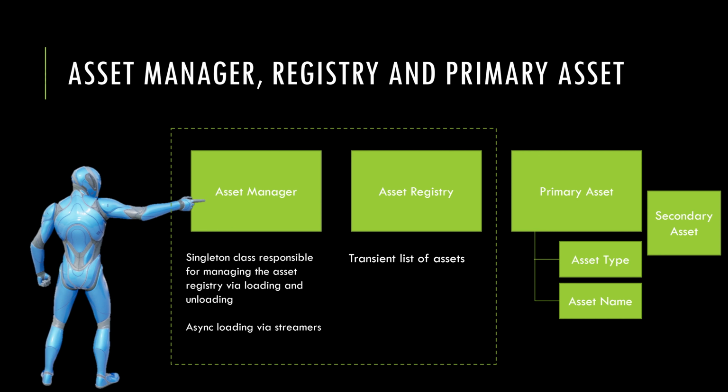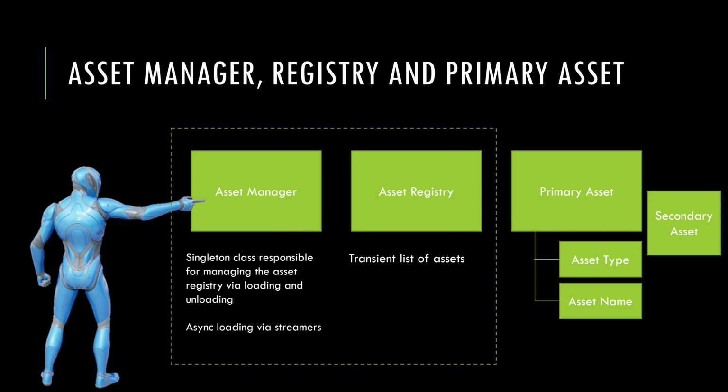The second half of the project is around this notion of a primary asset and secondary assets. Quickly, the primary asset is what the asset manager controls, and you can request it to load a primary asset. When you load a primary asset, it will load any secondary assets associated with the primary asset.